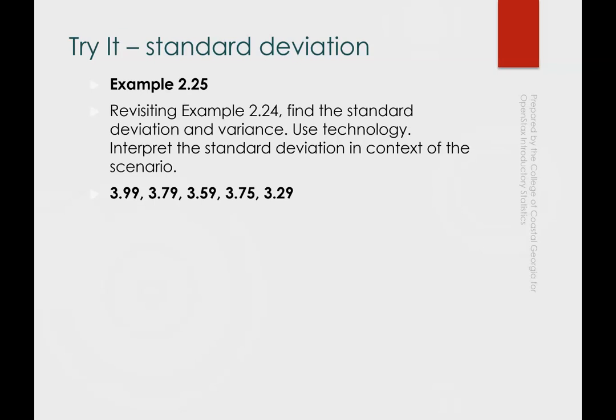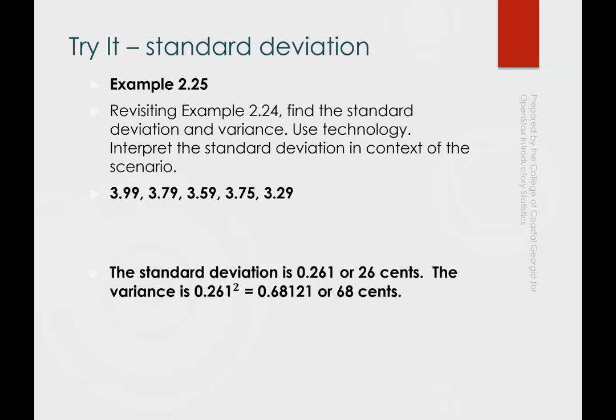Go ahead and pause the video and do that now, or type them into Stapplet, and then look at your summary statistics. I'm going to reveal the answers now. The standard deviation came out to be 0.261, or 26 cents. The variance is that same number squared, or 68 cents.